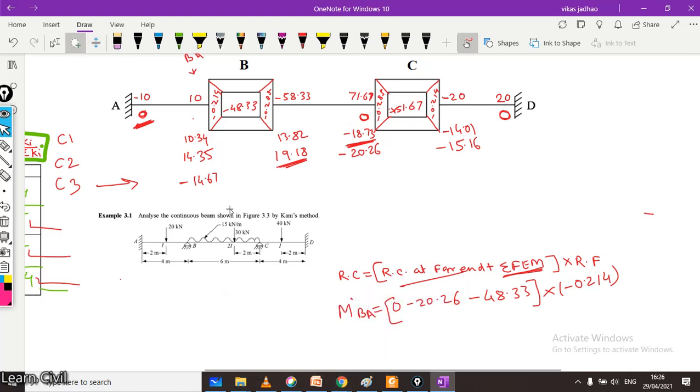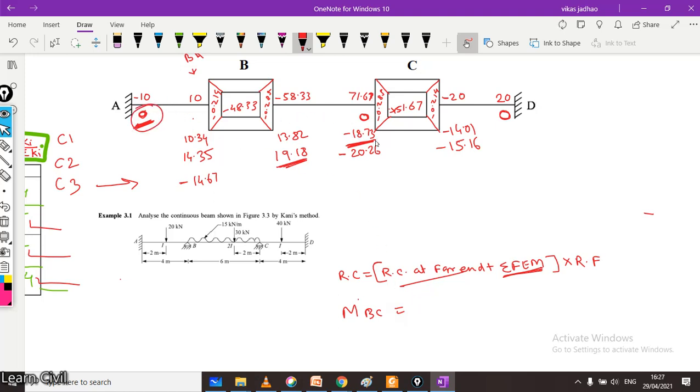Similarly for BC, again we have to find out the rotation contribution. The formula will be same. This rotation contribution M dash BC will be equal to the rotation contribution at far end, that is this 0 minus 20.26, plus summation of fixed end moment, that is minus 48.33, multiply this complete value with the rotation factor of minus 0.285.